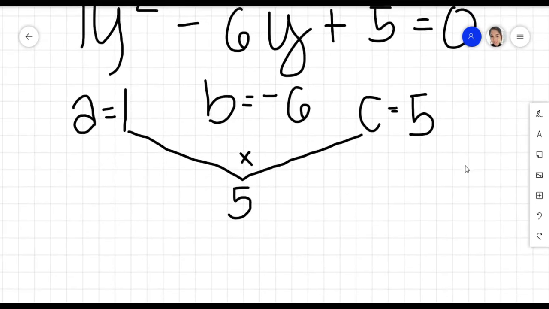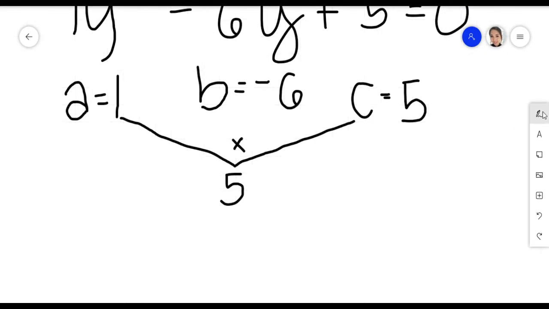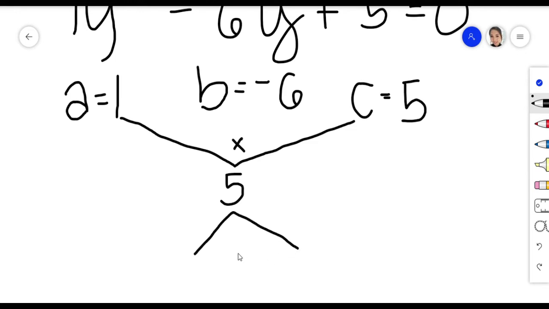After multiplying it, I want you to think of two numbers. If we add these two numbers, it has to result to our b, which is negative 6. And if we multiply these two numbers, the result would be 5.